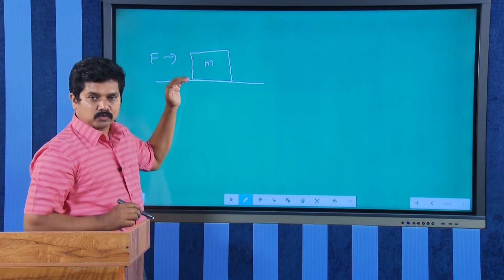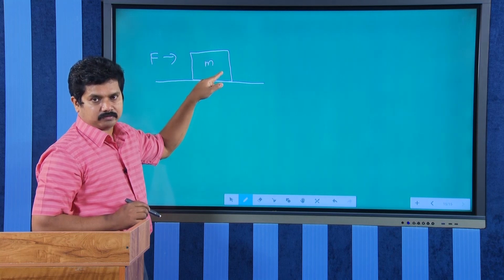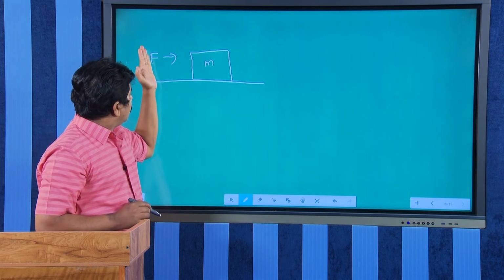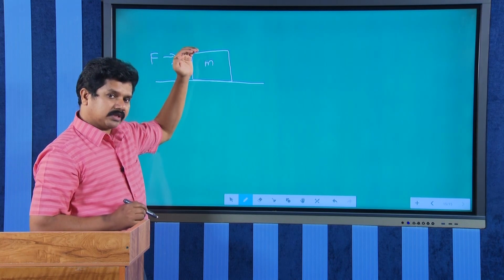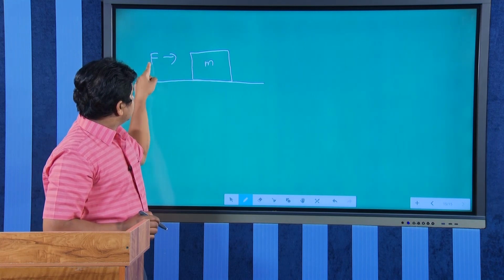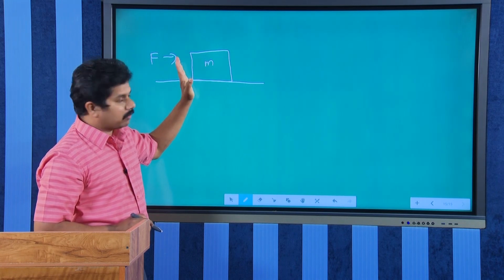So, we know frictional force will be there. If F is small, it will not move because of the static friction. Up to a certain value, there will not be any relative motion. That is, up to the limiting friction value, there will not be any relative motion. Once this applied force exceeds the limiting friction, then the block starts moving.